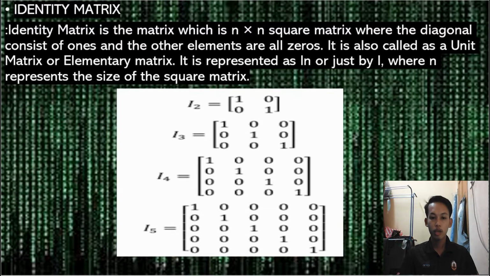It is usually represented by the letter I. This is a diagonal matrix where all diagonal elements are 1. The identity matrix of order n times n is written as In. Example, the 2 times 2 and 3 times 3 identity matrices.